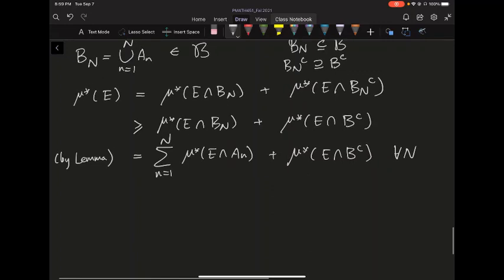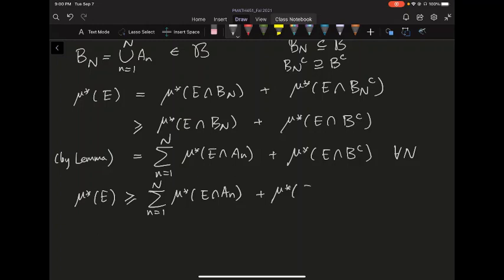So what we have is that μ* of E will be greater than or equal to this infinite sum, from 1 to n, of μ* of E intersect A_n, plus μ* of E intersect B complement. And I now want this n to go to infinity, so let's replace it by infinity.